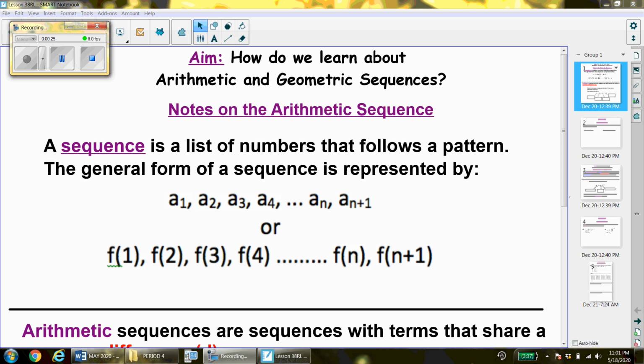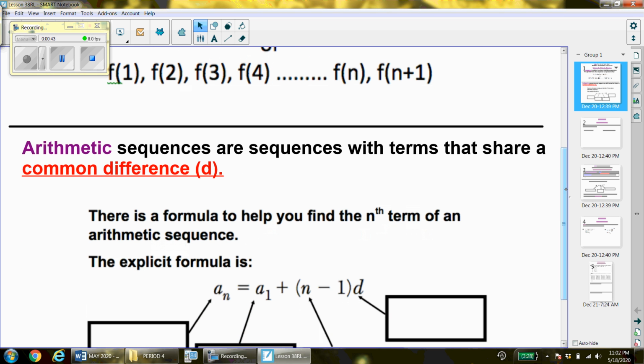This lesson is on arithmetic and geometric sequences. A sequence is a list of numbers that follows a pattern. The general form of a sequence is represented by A of 1, A of 2, A of 3, A of 4, and so on and so forth. Arithmetic sequences are sequences with terms that share a common difference.